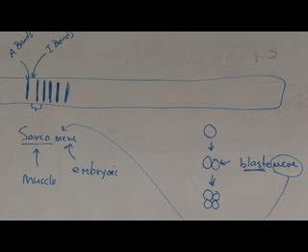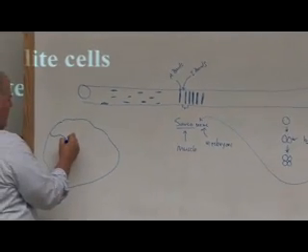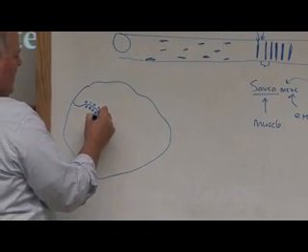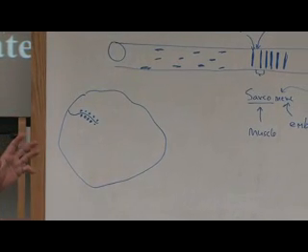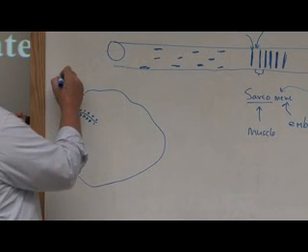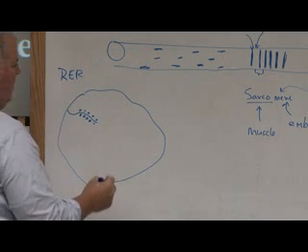So when we looked at a cell historically, then we had these cells, and we noticed that there was some internal membranes that all had ribosomes on it. So those internal membranes with ribosomes we called rough endoplasmic reticulum. So we had RER, rough endoplasmic reticulum.